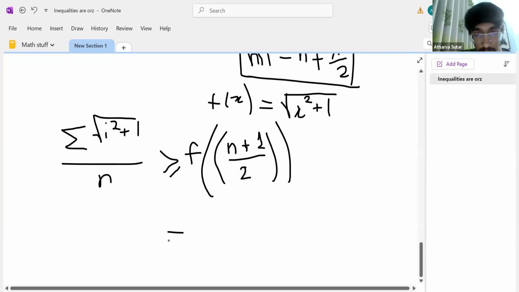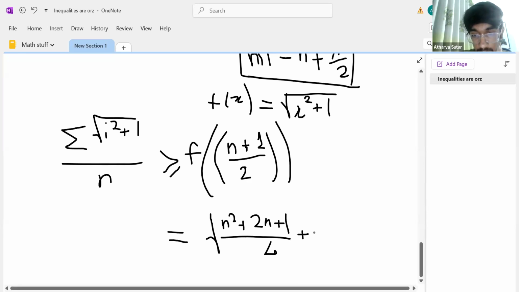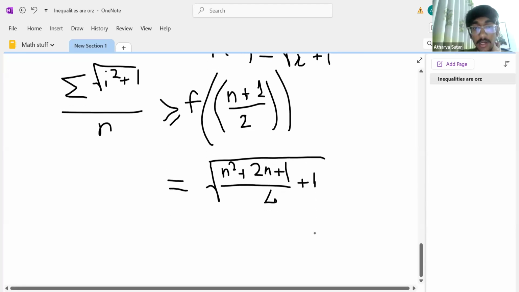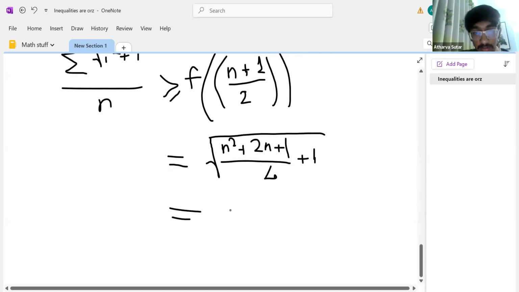So we get this is equal to root of (n squared plus 2n plus 1)/4 plus 1. Right.